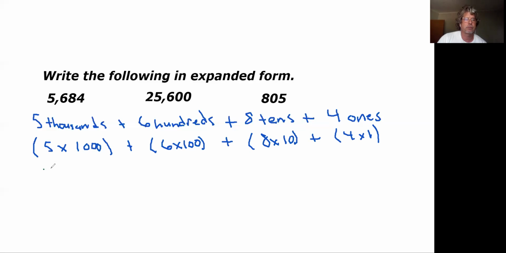25,600. So again, based on place value, we have ones, tens, hundreds, and then you have your thousands period. So this is like 1,000, 10,000. So the 2 would mean 2 10,000s. So we can write that as 2 times 10,000.